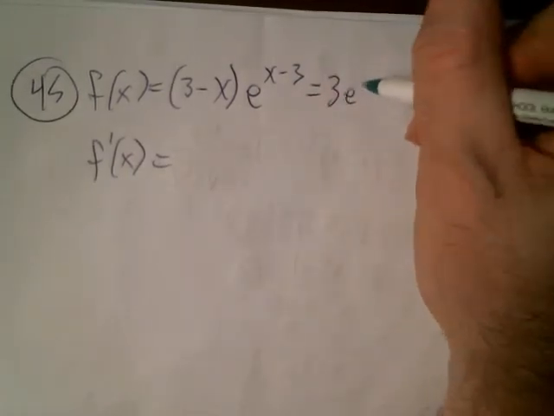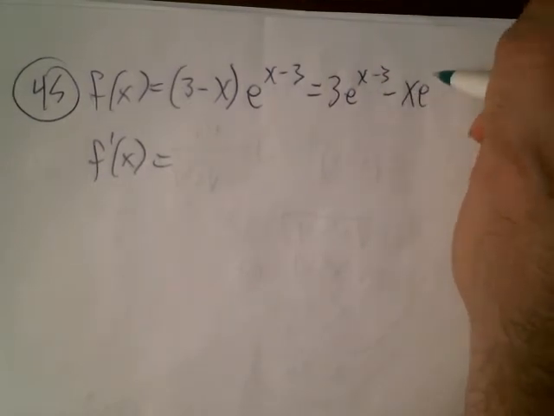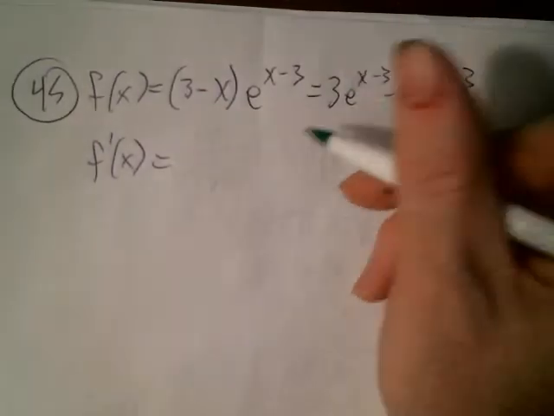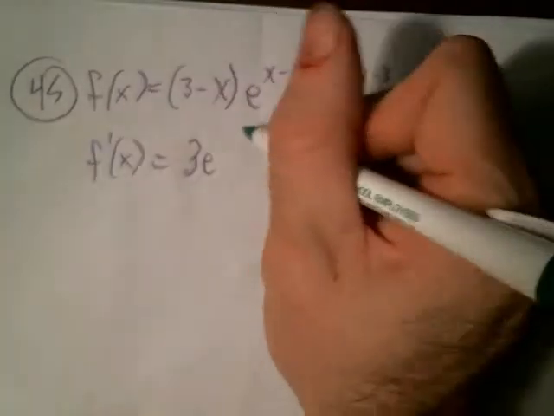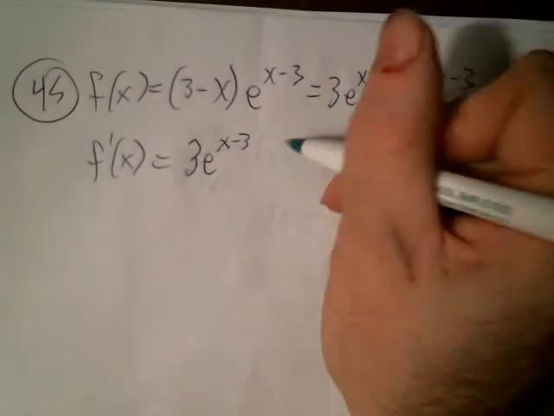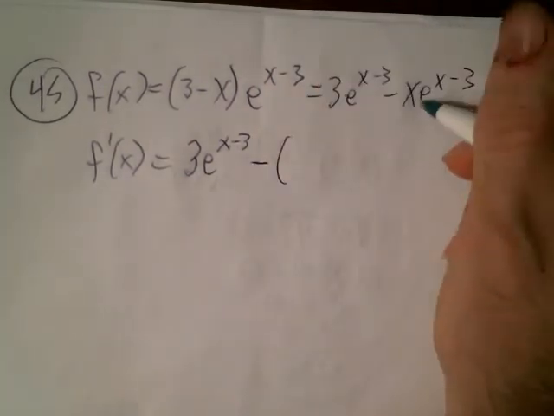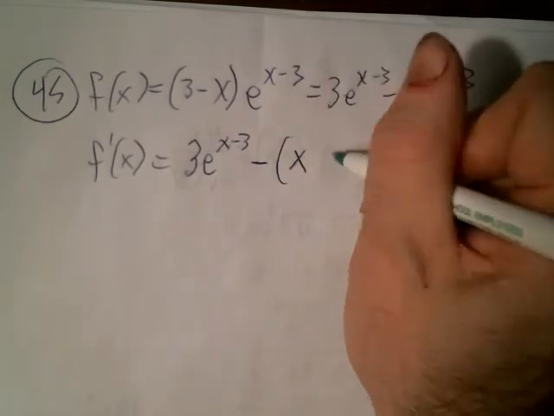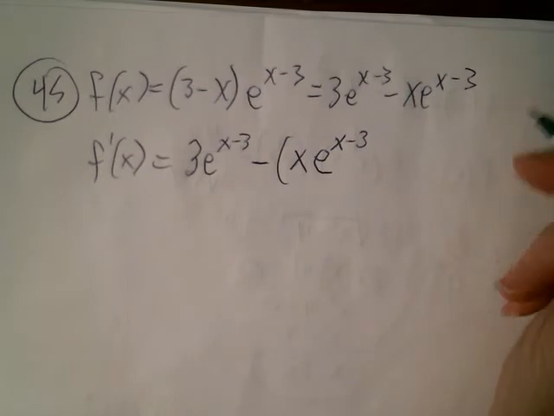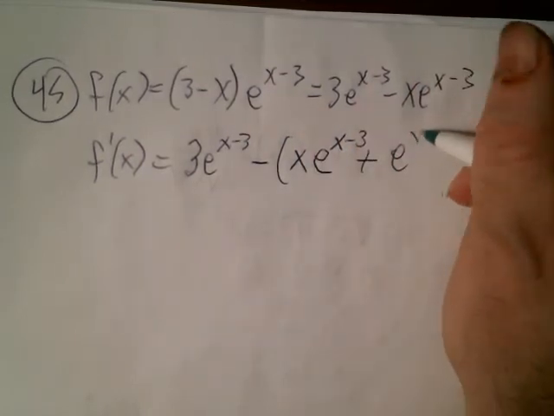Let's distribute: 3e to the x minus 3 minus xe to the x minus 3, and then take its derivative. So the derivative of the first part will just give you back 3e to the x minus 3, and the derivative of x minus 3 is just 1, so the chain rule wouldn't really give us anything. For the next part, I need to do a product rule, so I'll leave x alone. I'll have x, and then the derivative of e to the x minus 3 we just found was e to the x minus 3. And then plus the derivative of x, which is 1, times e to the x minus 3.